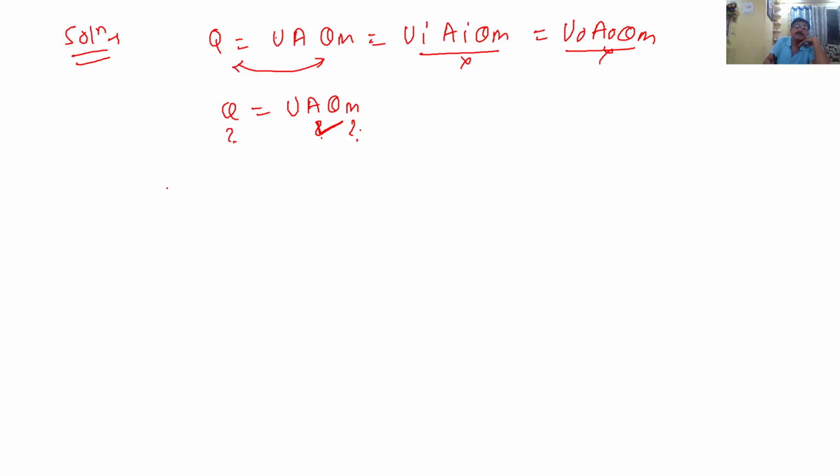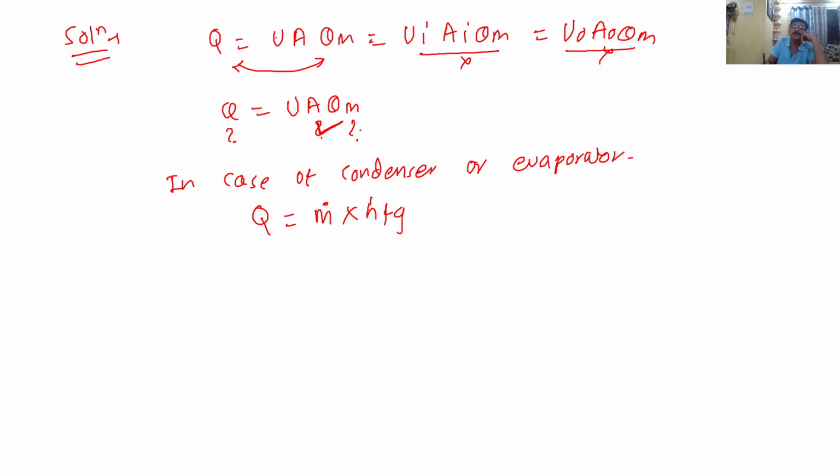Now remember, in the case of a condenser or evaporator, there is no sensible heat involved. There is latent heat. So whenever latent heat is there, the formula of Q is m dot into HFZ.